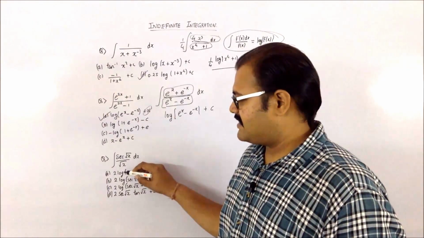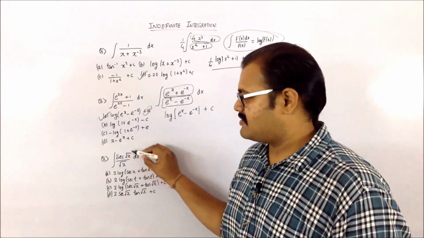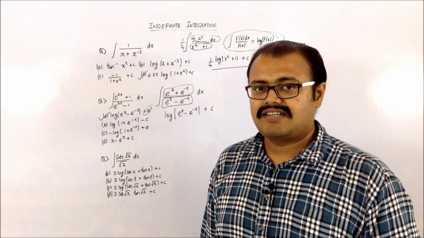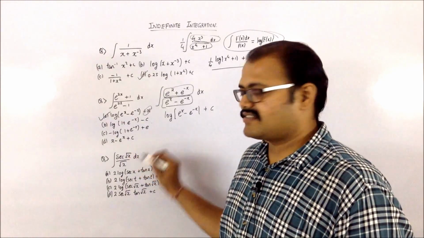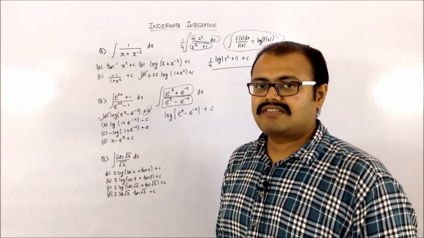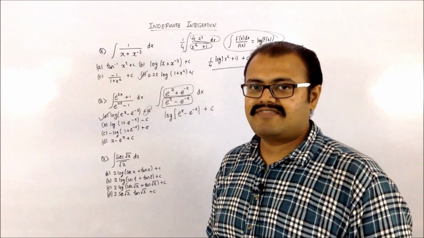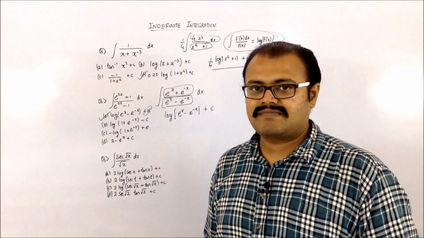So you can see that along with dx, you have either a sec root x or a 1 by root x. Now obviously you cannot have something which is sec root x with the dx, because you will not be able to find a function. There won't be any function which will give you the derivative as sec of root x.